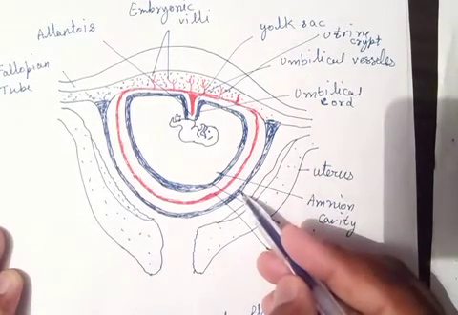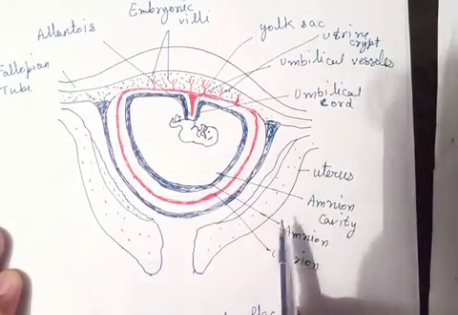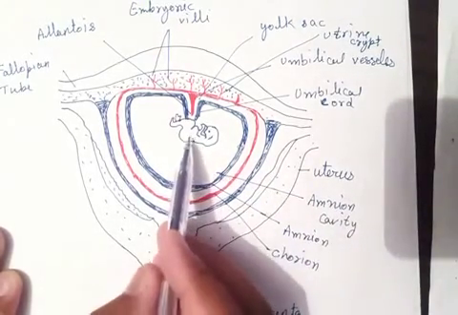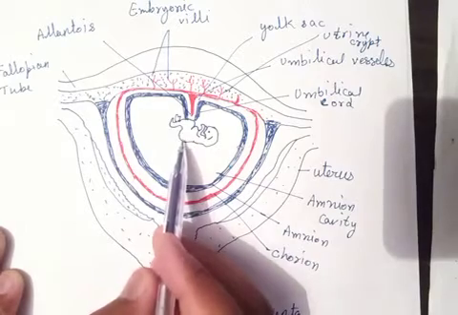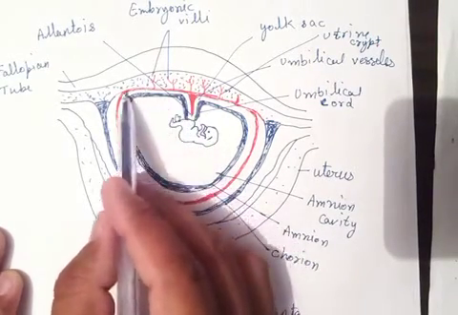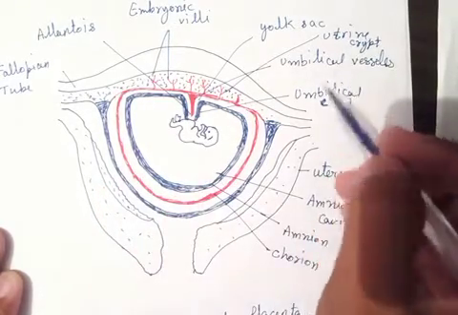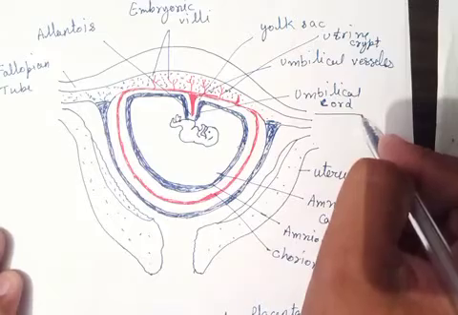The uterus binds with the newly formed embryo, and here the fetus, now we call it embryo, is connected with the placenta with the help of the umbilical cord.